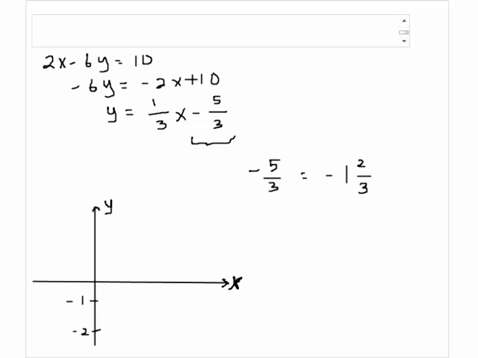So if we go down by 1 and cut the 1 tick into 3 pieces and take the second point, we have negative 5/3 right here. Okay, now the slope is 1/3, so we go up by 1 and over by 3. So first we're going over by 3.